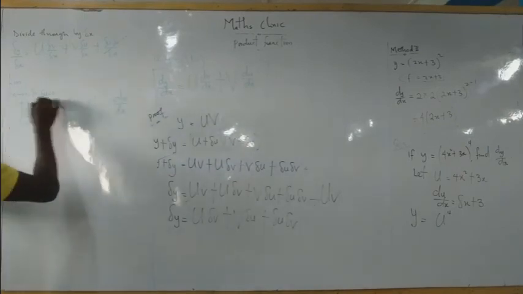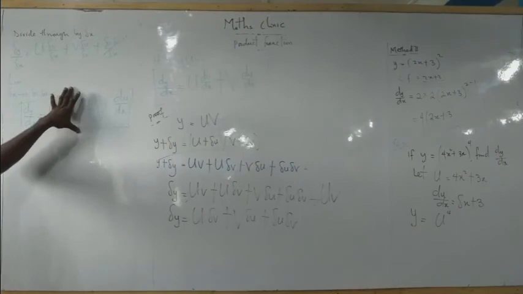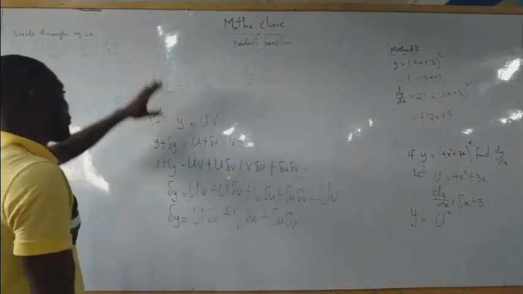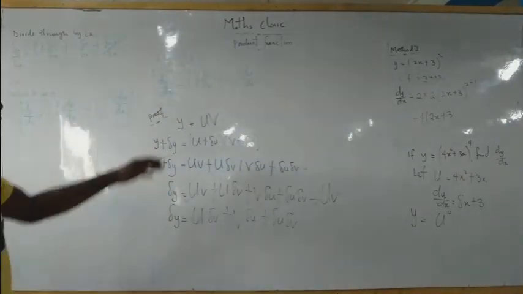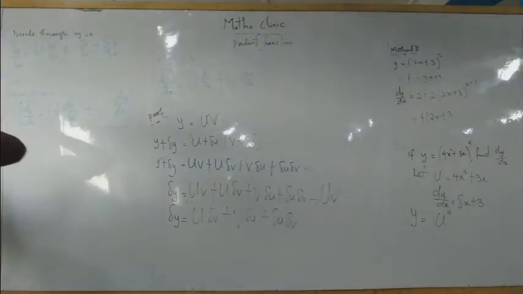So this is the proof for the product rule, the product function rule. Let's look at one example under that.